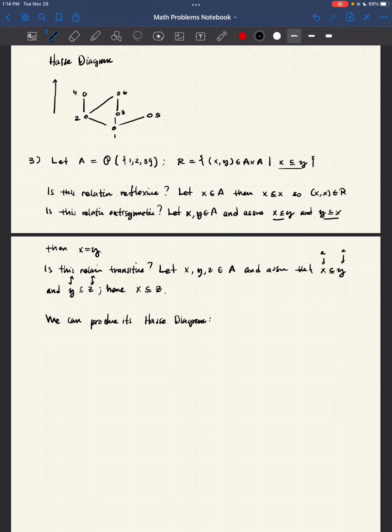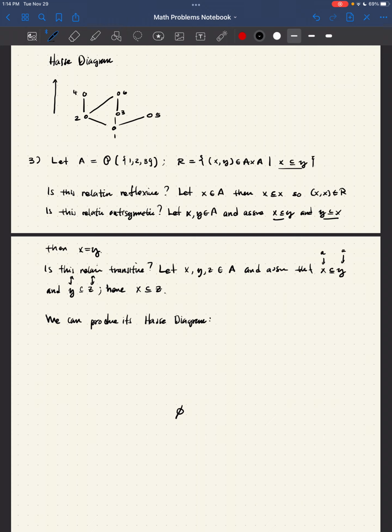You may say, how? Well, look, what should be at the very bottom of its diagram? In these things, we have to think about the minimal elements, so the elements that have nothing below them. Well, when we are dealing with sets, really the only thing that has nothing below it is the empty set. So that's the one that I put right there. Now I have to think on the next level.